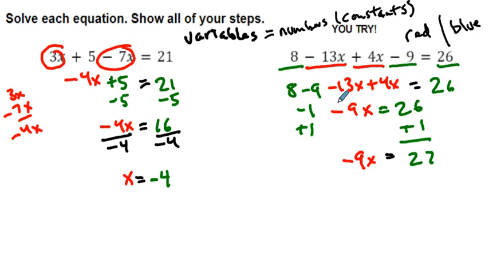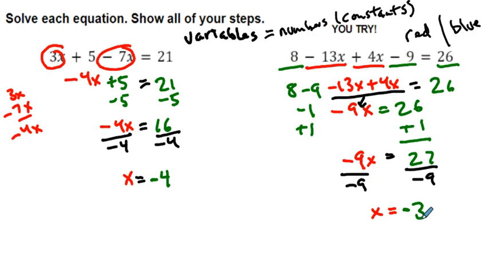We got negative 9 from adding these two up right there, and then we just bring that down. The last step is to divide everything by negative 9. You divide the entire equation by the coefficient on the variable. That's going to give me x is equal to 27 divided by 9 is 3. Positive divided by negative is negative 3, right?